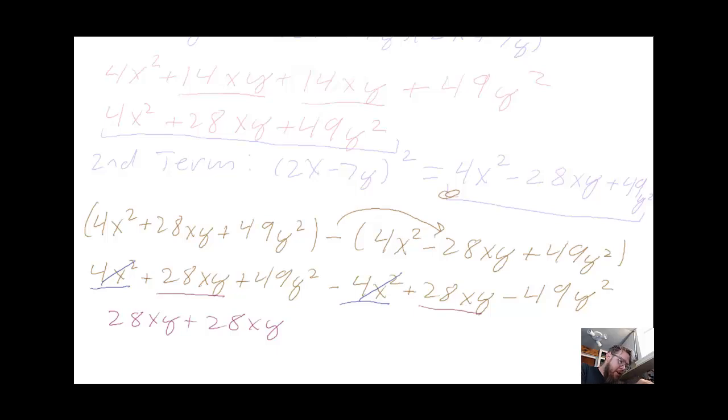And finally, our next term we're going to look for is the y squared. So we've got 49y squared minus 49y squared. Those are going to cancel. So what we're left with is 28xy plus 28xy equals 56xy. And that's our simplified answer.